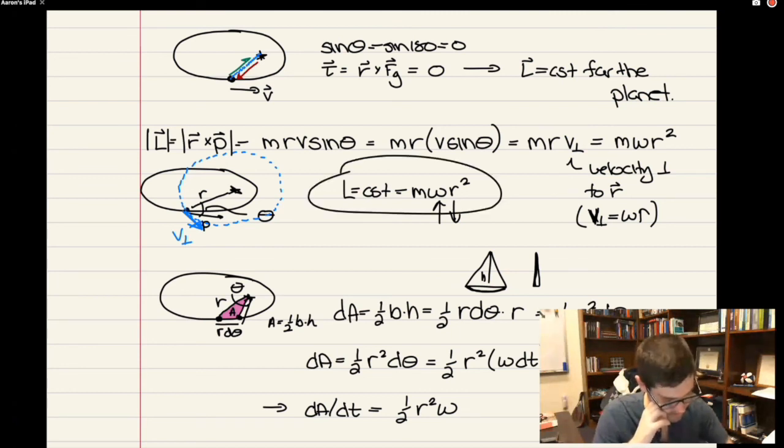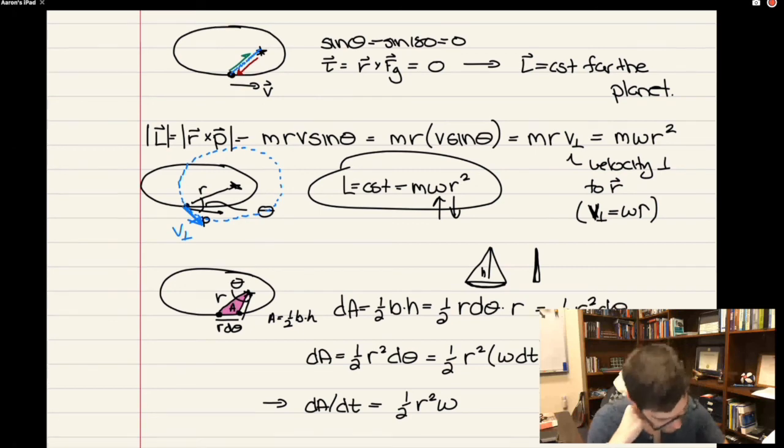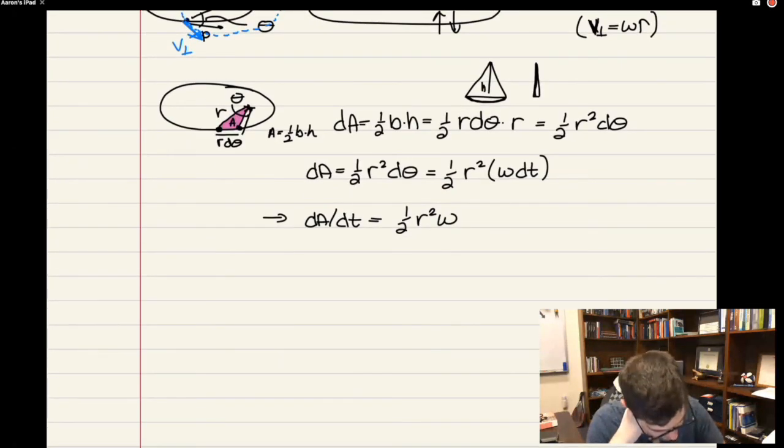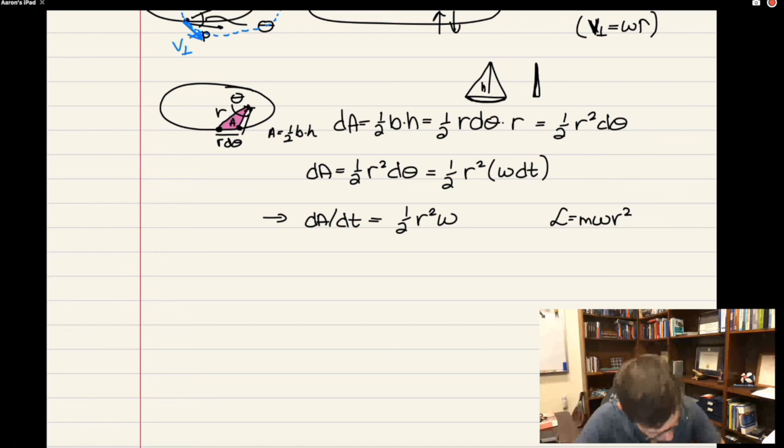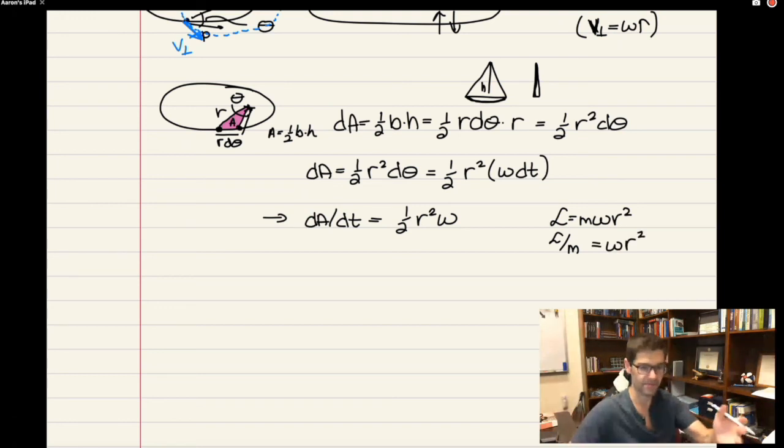But now we're going to use this. If L, which is m omega r squared, is a constant, and I'll write it as a script L, then notice this constant angular momentum divided by m is omega r squared. The left-hand side is a constant: we said the angular momentum is a constant, so L is constant, m is constant, and that's equal to omega r squared.